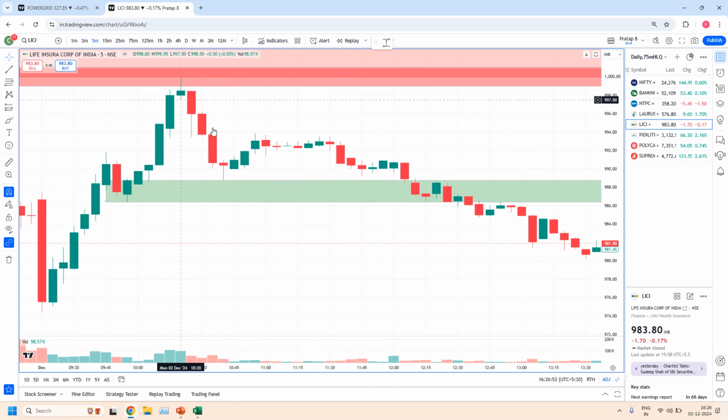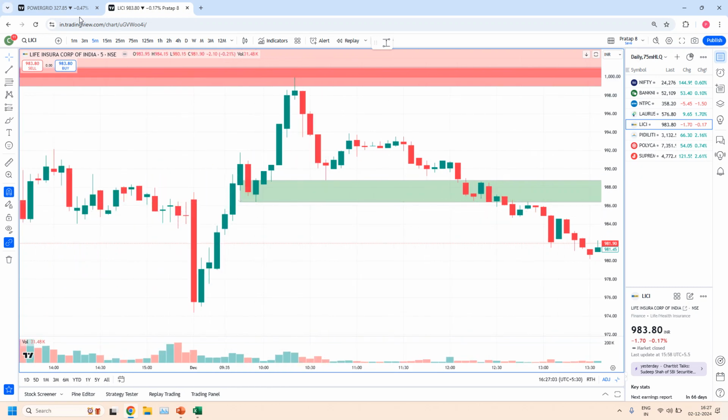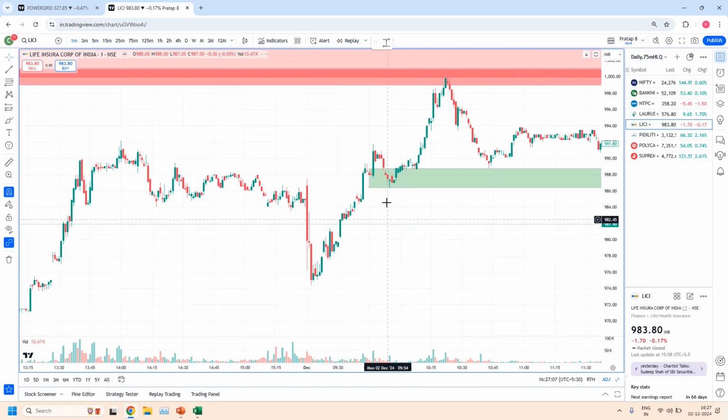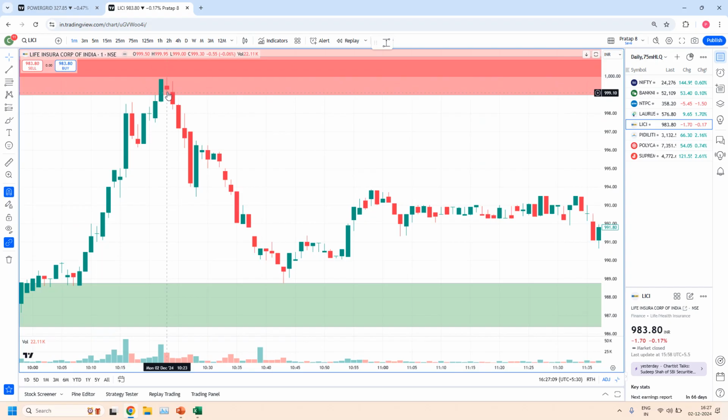At 10:20, 5 minutes candle, and 10:40, 5 minutes candle. That means within 20 minutes this trade is completed. If you go to 1 minute, exactly how much time did we spend in getting the profit? When it gave you the trade in the morning at the 10:23 candle, and when it reached at 10:43, that means exactly 20 minutes it took.